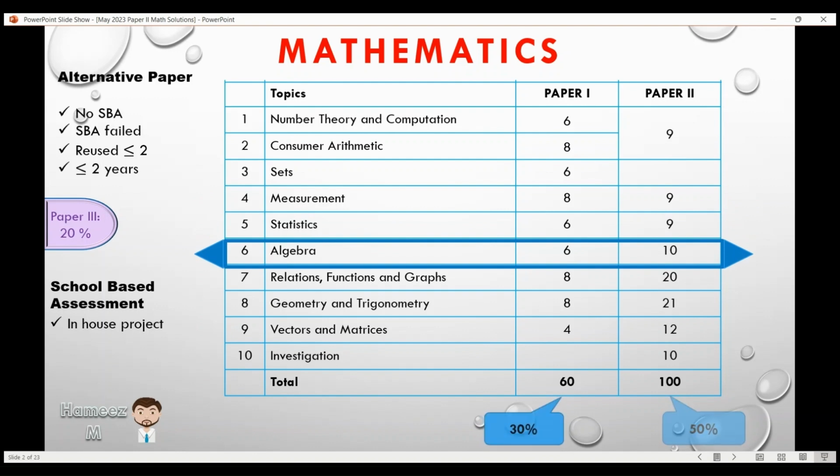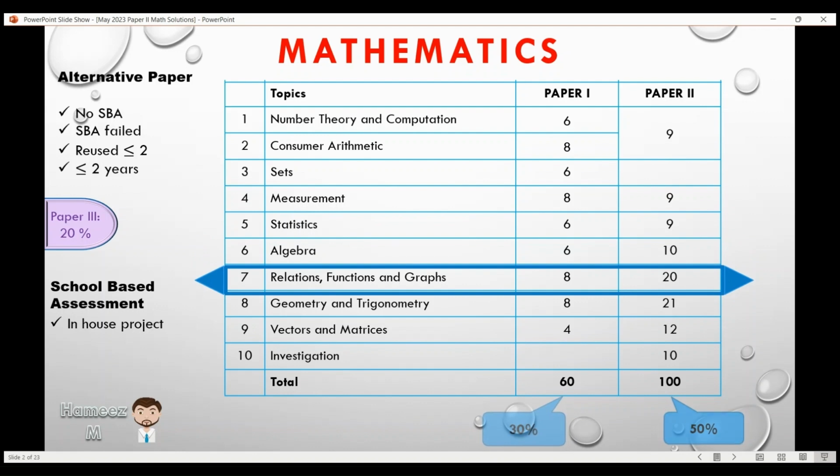Algebra in this paper came as number 2, with 10 marks, and relations, functions and graphs with 20 marks in this paper, which is actually 2 questions. A question in the first section with 8 marks, and number 8, which is worth 12 marks.